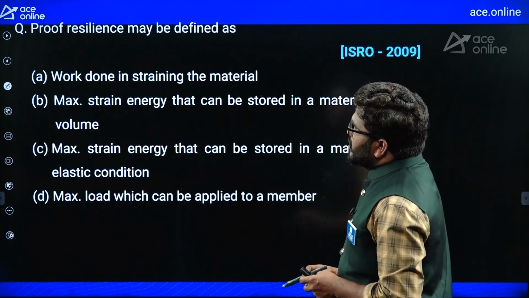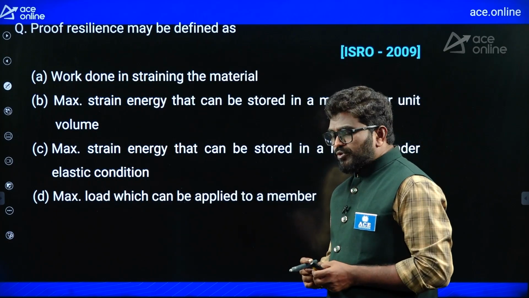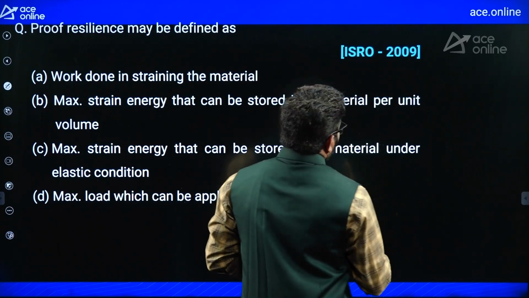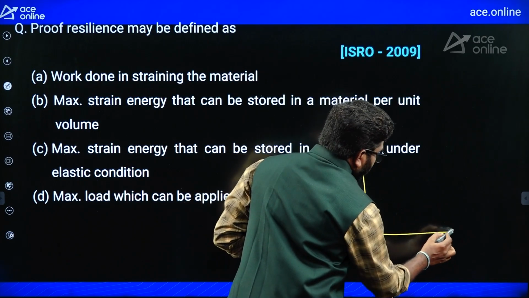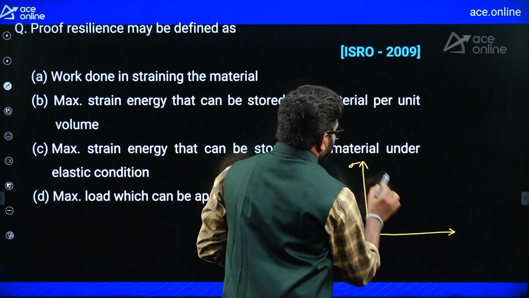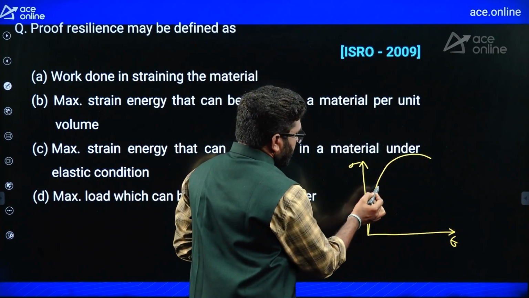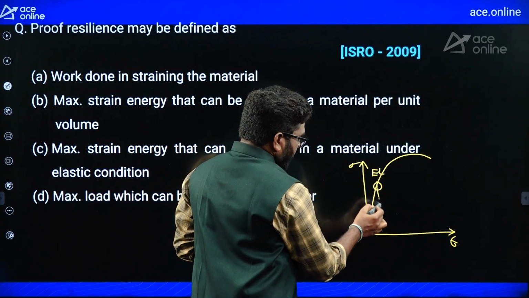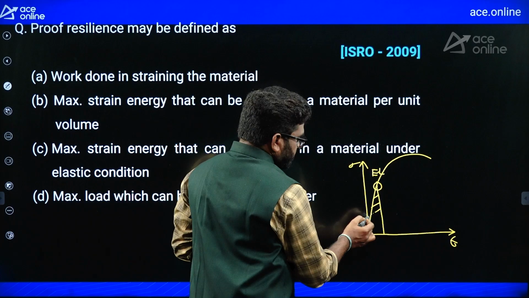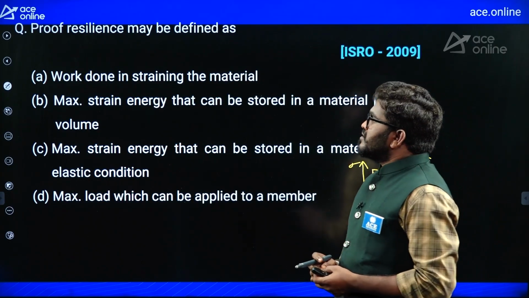Next, proof resilience may be defined as the energy absorbed by the material up to the elastic limit. Suppose let us consider this is a stress-strain curve. If this is the elastic limit, the energy absorbed by the material up to the elastic limit, we call it proof resilience.